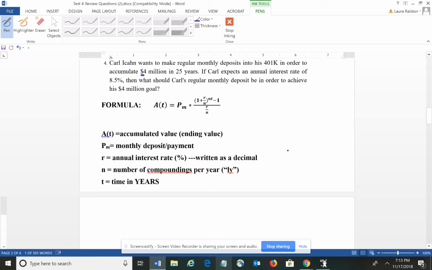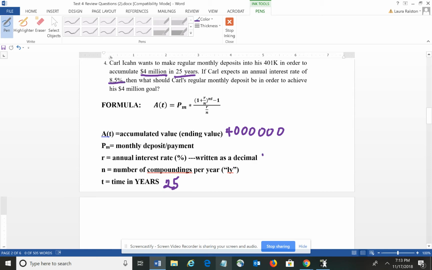So it says he wants to accumulate $4 million, which would be my accumulated or my ending value represented by A of T in 25 years. So that's my time in years is 25. He expects an annual interest rate of 8.5%.